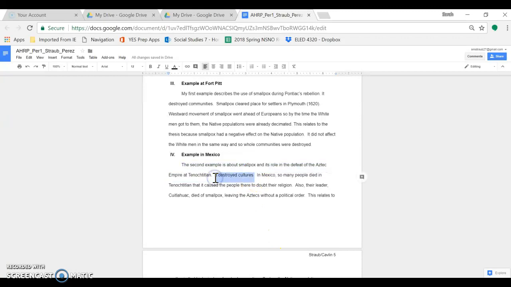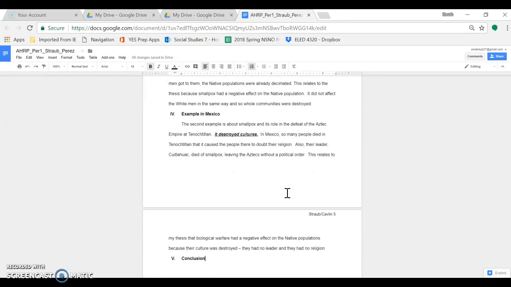So those are the 2 things that I am saying, according to my thesis, the negative role that smallpox played, because my thesis was that biological warfare had a negative impact on the native populations. So in total right now, I'm getting on to page 5, which is getting a little tight, but all is good. I'm going to pause the video now and come back in the same video to talk about our conclusions.